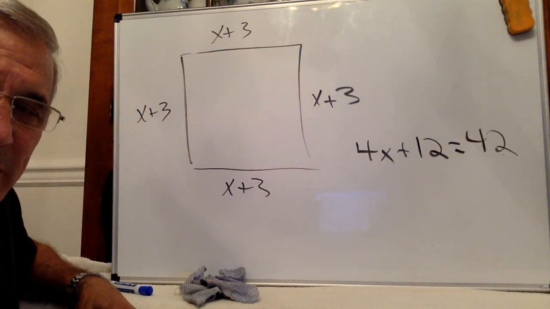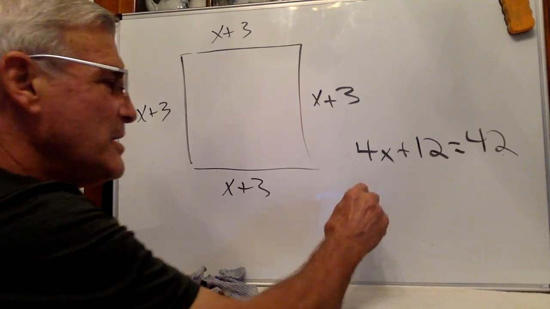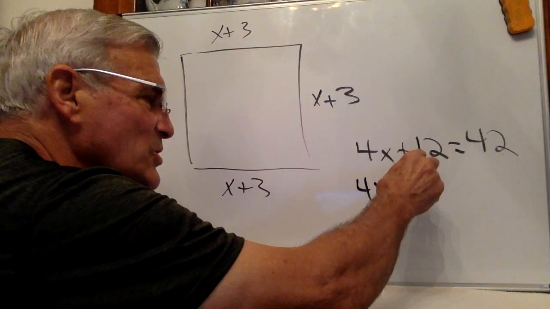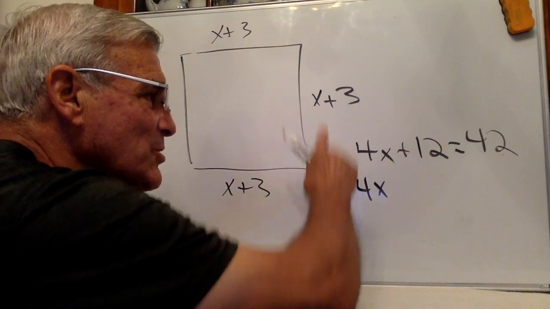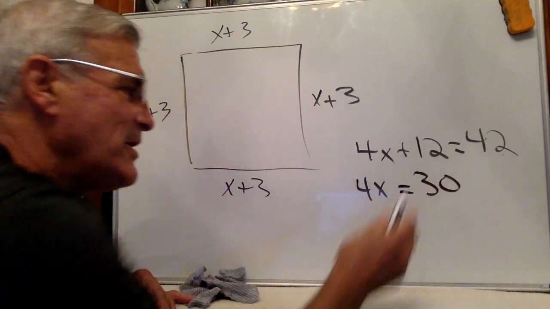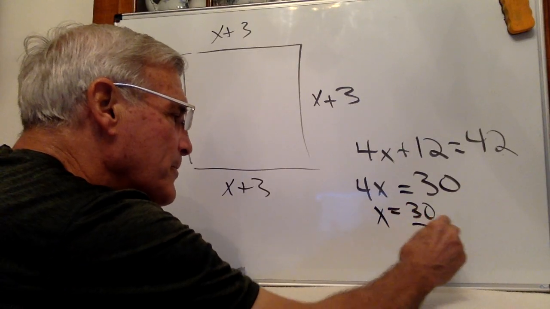There's your equation. Again, first degree linear equation. You solve by first bringing the 12 over. Always use the opposite operation. Here you're adding, so to bring it over, you subtract 12 from both sides. 42 minus 12 is 30. You then divide by 4.